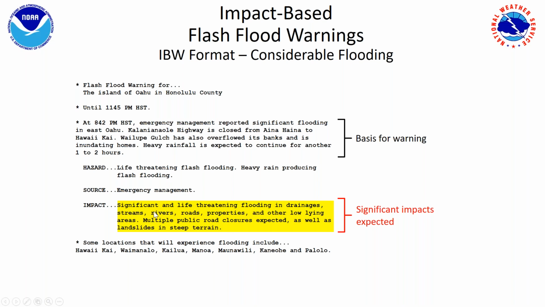The wording's a little different. It's significant and life-threatening flooding in drainage, streams, rivers, and so on. Multiple road closures expected, as well as landslides in steep terrain. So it ups the urgency, and it increases the wording on how significant it is, and that it's not just your run-of-the-mill flood event. It's take notice, it's pretty significant. So that's when you would use a considerable level event.